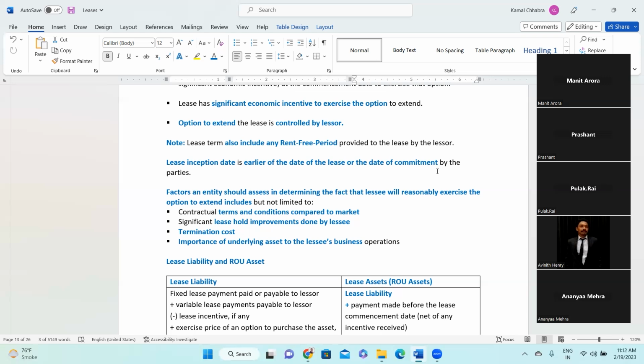For example, you entered into a lease agreement for 12 months. Let's assume 11 months, since in India you are more used to 11 months. So the lessor says you can use my place for a month, and if you like it, then pay the 10-month rental. So what you are receiving in 10 months is actually the rent for 11 months. Make sense?